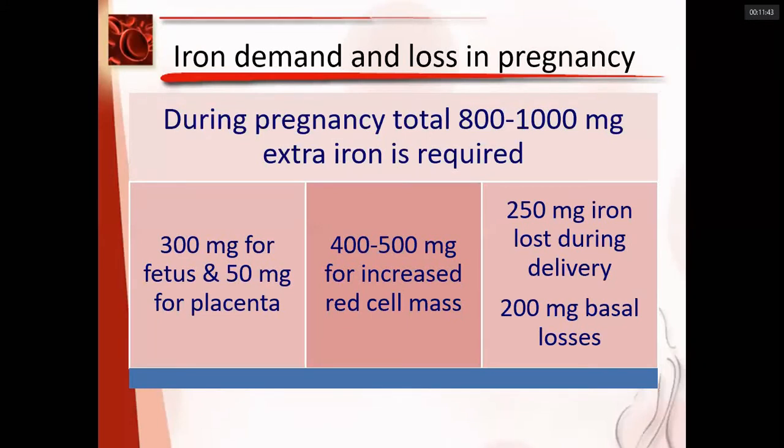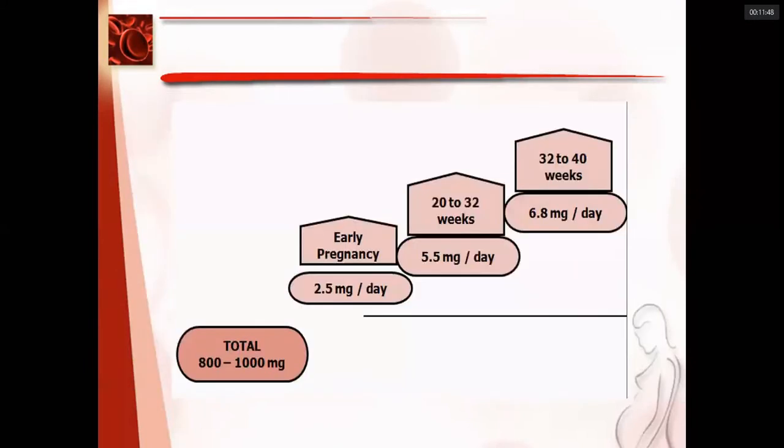So the total requirement is around 800 to 1000 milligrams. It is required more towards the second and third trimester, because more organs are to be perfused. In early pregnancy, iron demands may be as little as 2.5 milligrams per day, while it increases to around 5.5 in the second trimester and up to 7 in the third trimester.